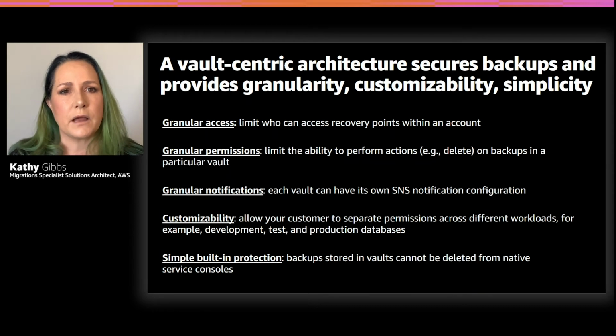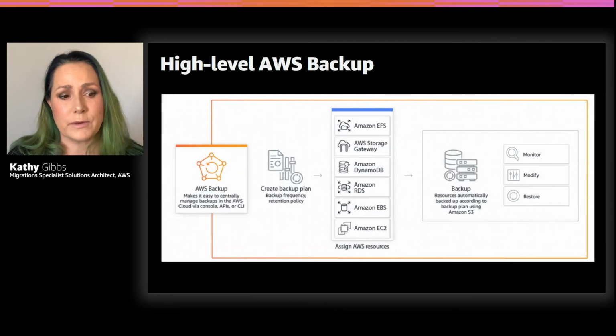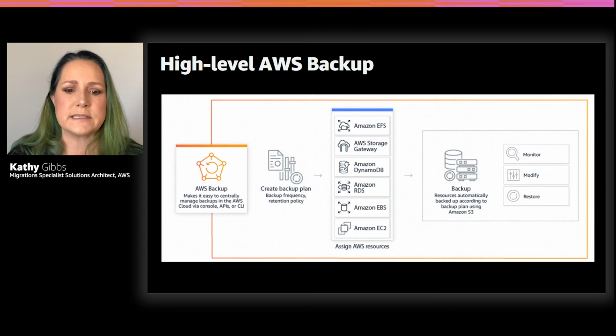So I can set up my granular access in AWS Backup, and even though people can see the backups, maybe in actually looking in the GUI underneath my particular instance, I can't delete that. Okay. So again, high level before we dive into how do we do that. I've got my backup, I create my plan across my services, and then I can monitor, modify, restore, report, all from AWS Backup.